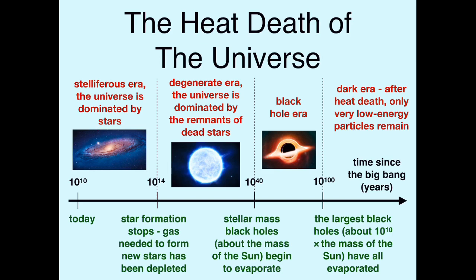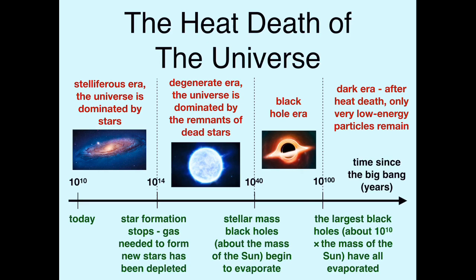So what you need to form a new star is basically some cloud of gas floating out in a galaxy. And eventually, those clouds of gas are going to be depleted. It's already going to be formed into stars, so there's no new gas to form new stars. Eventually, that's going to be the case.